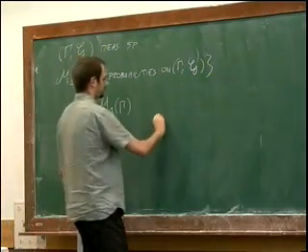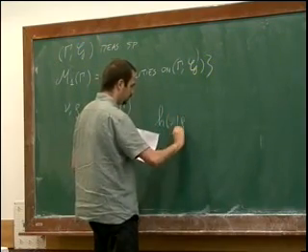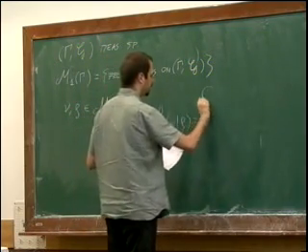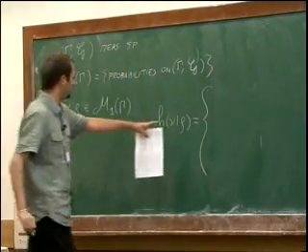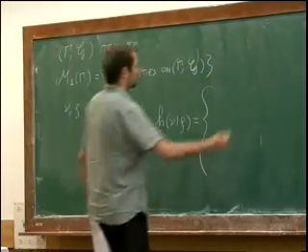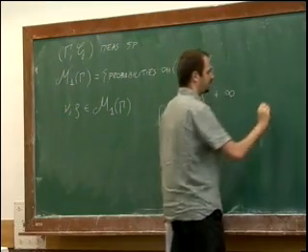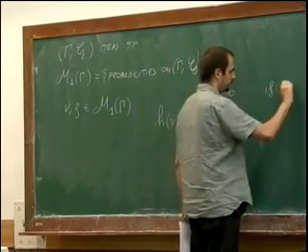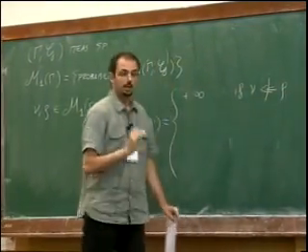The relative entropy between nu and rho is, well, we have to distinguish two cases. Either nu is absolutely continuous with respect to rho, or not. Well, if not, then it's easy. It's plus infinity if nu is not absolutely continuous with respect to rho.